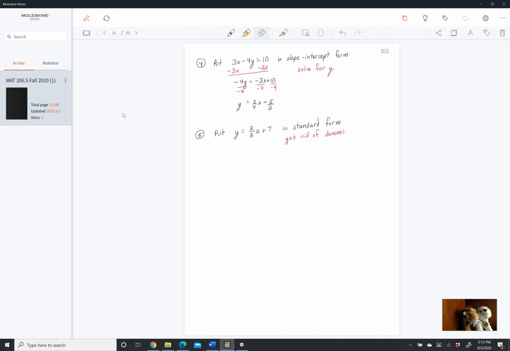You're not going to have any parentheses, right? Because this is in slope-intercept form. So if you have denominators, always get rid of those first so that you don't have to worry about adding and subtracting fractions. So get rid of your denominators. Then get the variables on one side and the constant on the other.